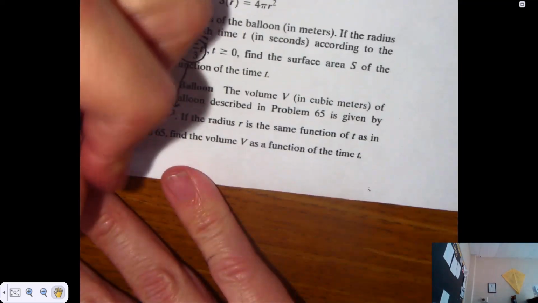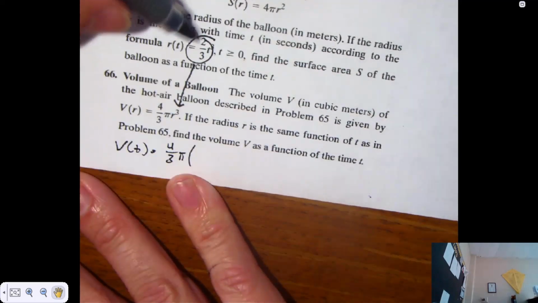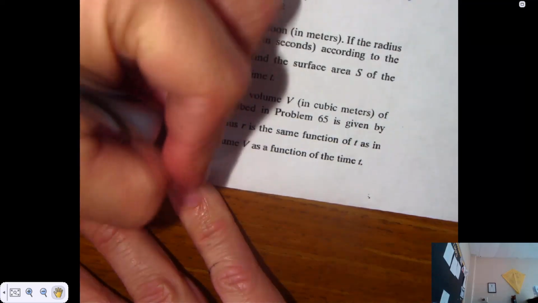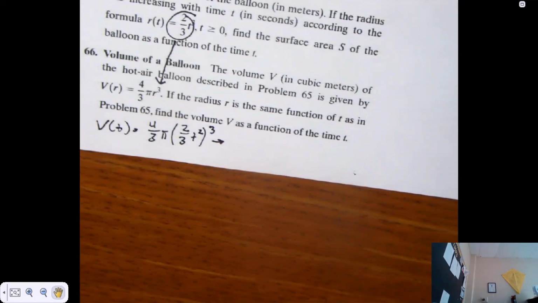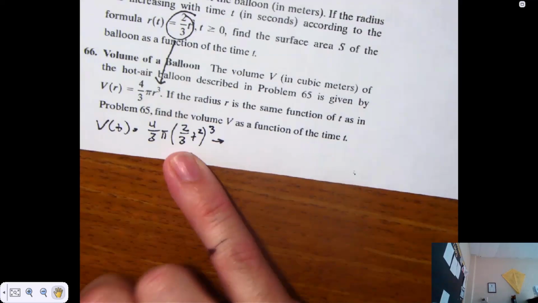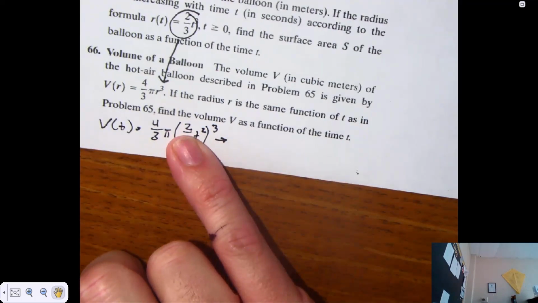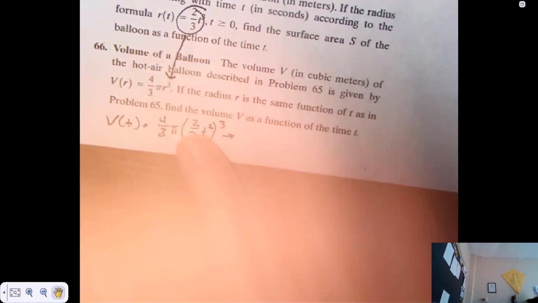So volume as a function of t is 4/3 pi. I'm going to replace that r with 2/3 t squared. And that's all cubed. Now that's the setup. We're going to cube both pieces of this thing. What do you get when you cube a 2? An 8. What do you get when you cube a 3? 27.